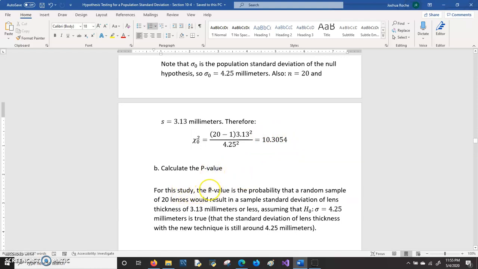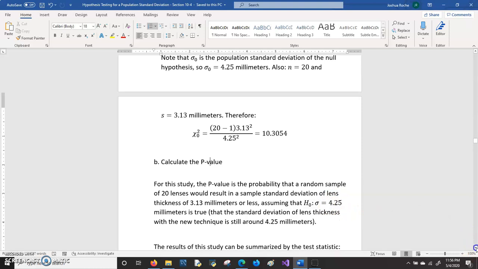Now that we have that test statistic, we can calculate the p-value. For this study, the p-value is the probability that a random sample of 20 lenses would result in a sample standard deviation of lens thickness of 3.13 millimeters or less, assuming that the null hypothesis is true, that the standard deviation of the lens thickness with the new technique is still about the same as it was before, still 4.25 millimeters.